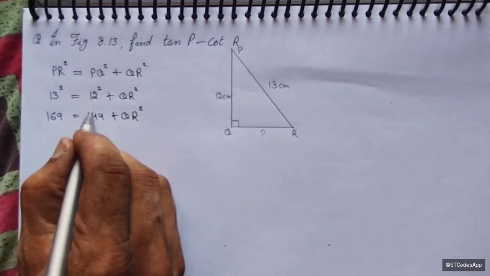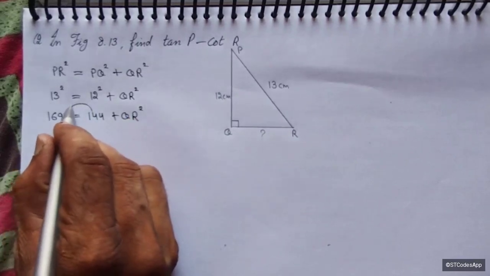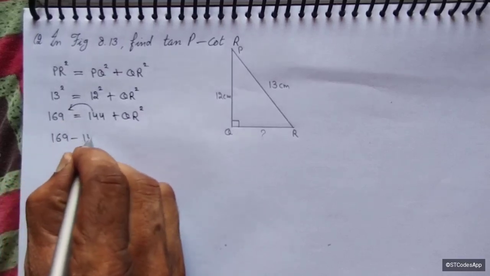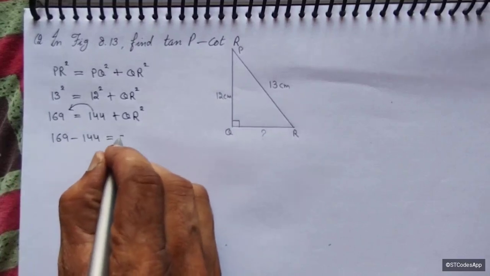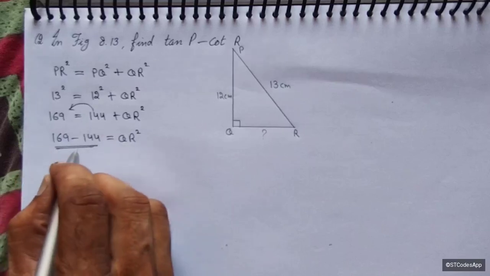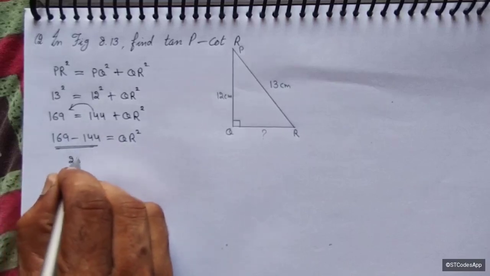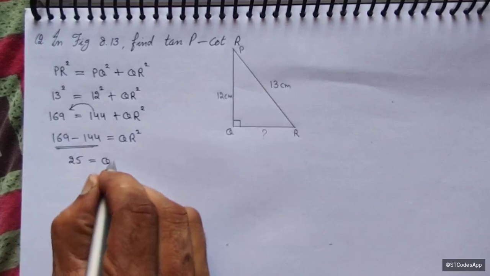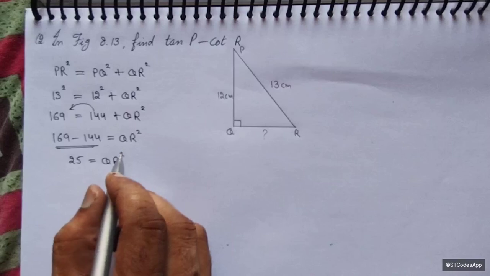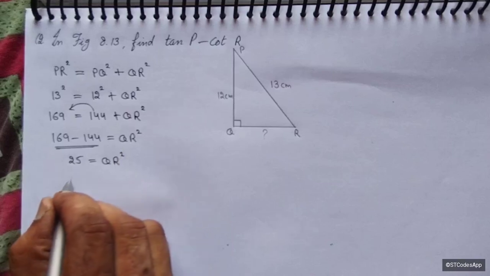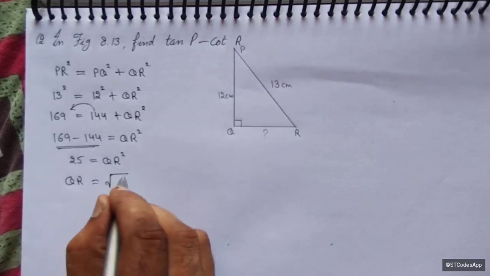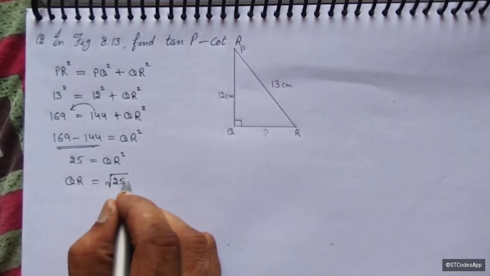So we will take 144 to the other side. It will become 169 minus 144 is equal to QR square. So we will subtract these two and get 25 is equal to QR square. When we remove the square of QR, the under root will be there on 25.